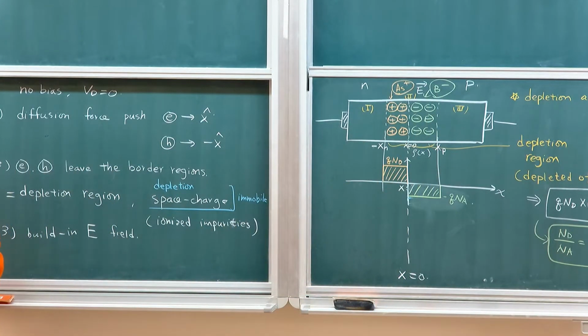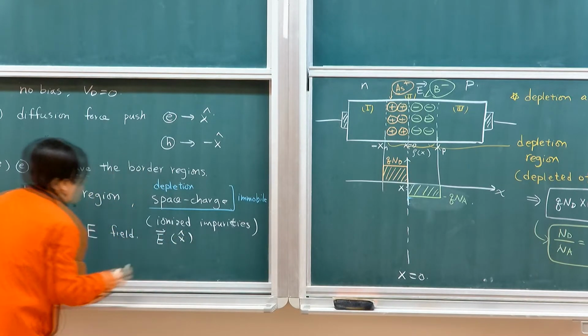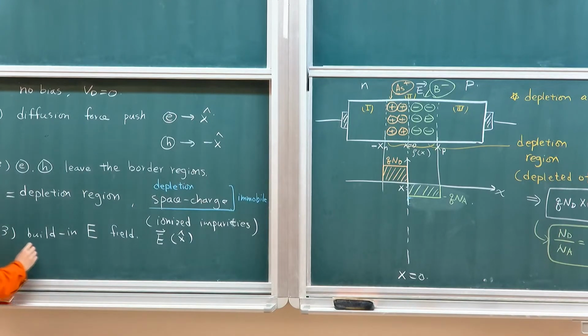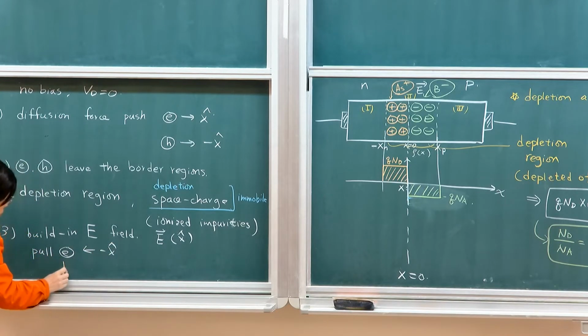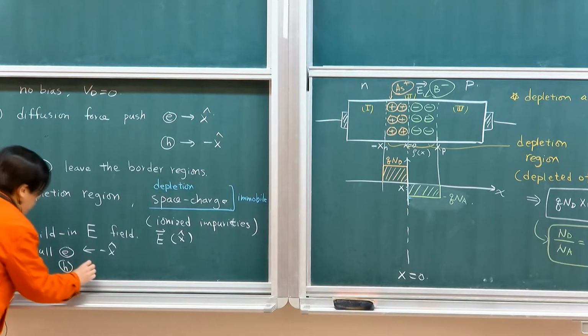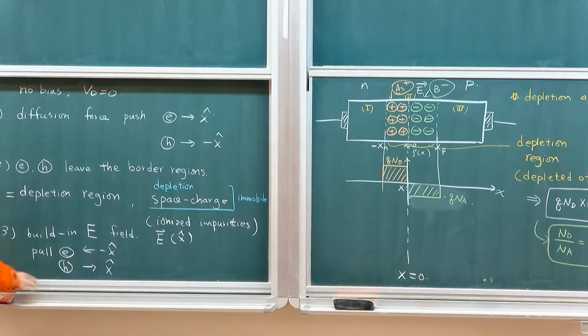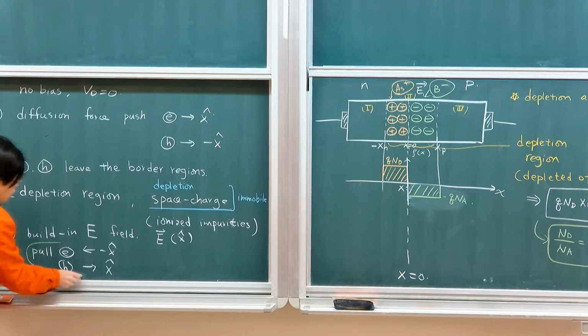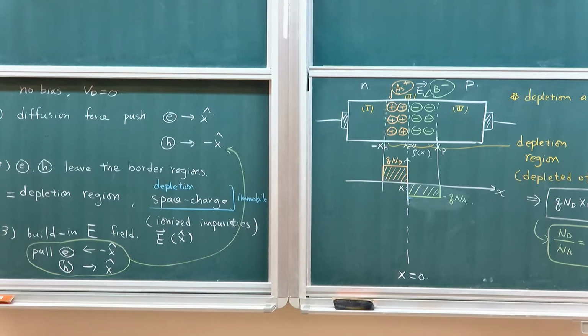This electric field in the X positive direction would then pull electrons to the minus X direction and pull holes to the X direction. Okay? So if you look at this conclusion, it's balancing out the initial drive of the pushes.